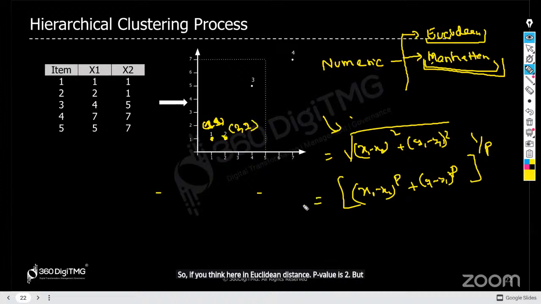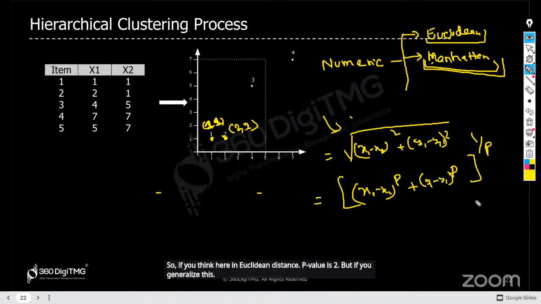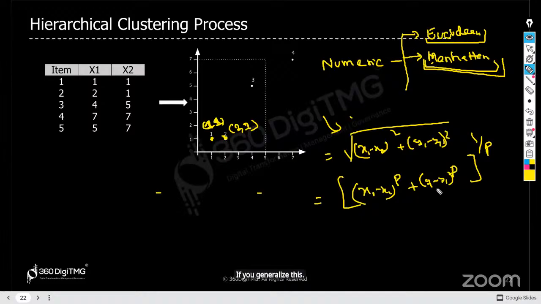But if you generalize this, you can put any value in place of p, and we can say that it is Minkowski distance.